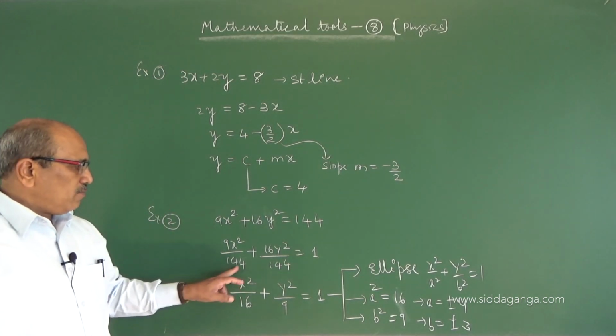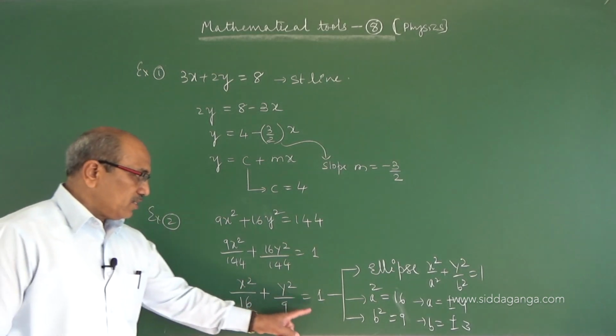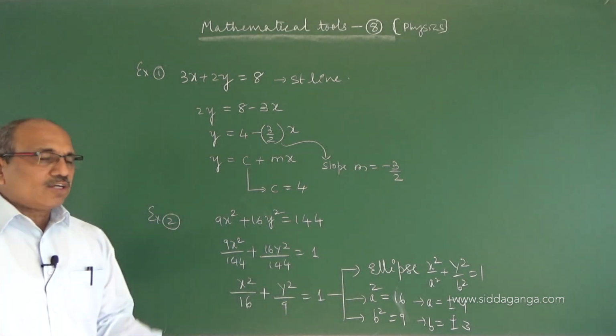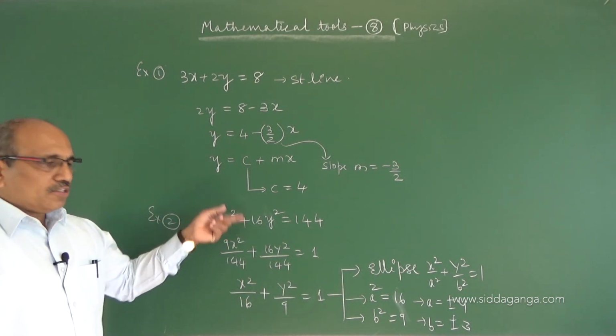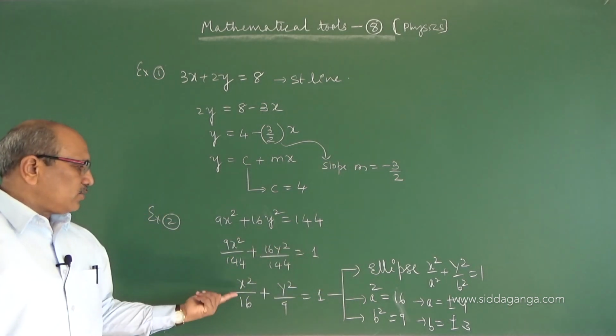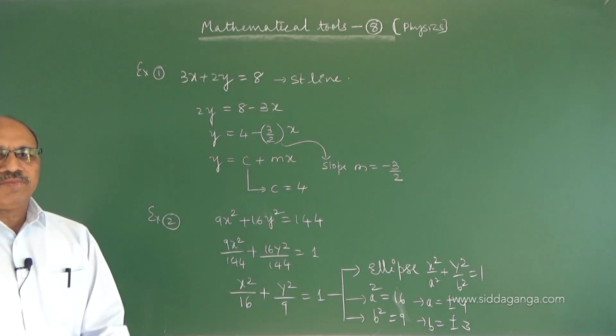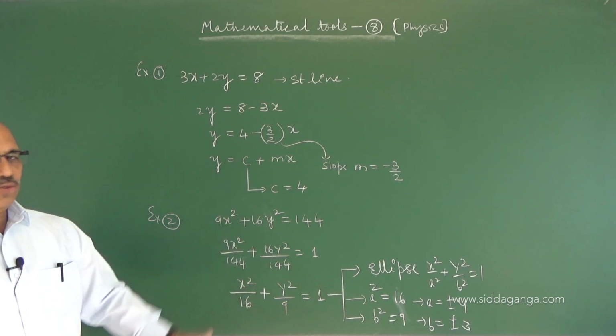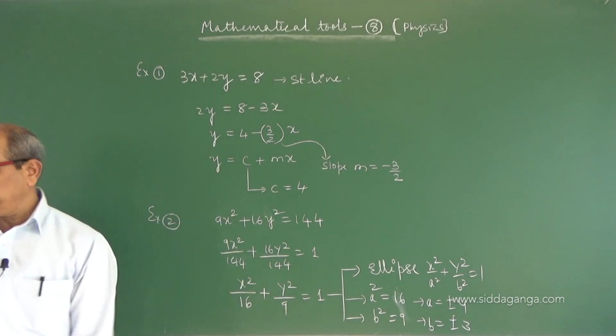So we got the a and b values and the shape of the curve. By seeing the equation, we know what the curve is and what the values of a and b are. Note down. Let us go to the next.